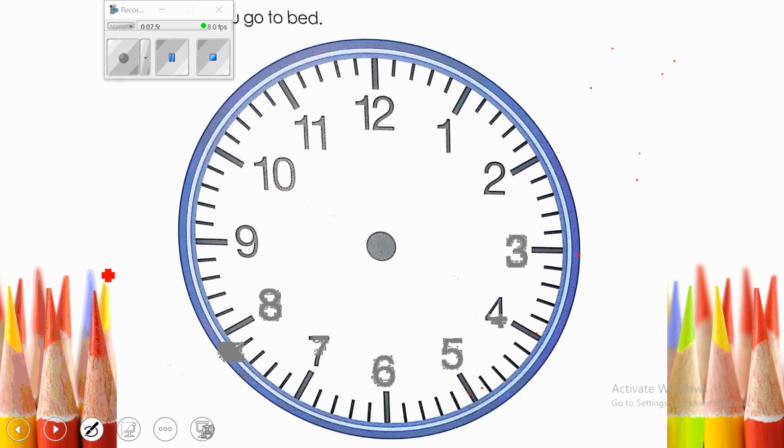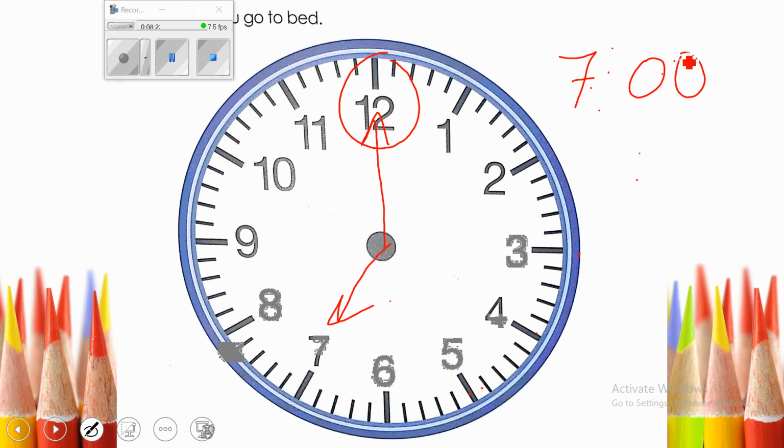Let's see here. The minute hand is on 12 and the hour hand is on 7. What is the time now? I'm reading the hour. Here it is 7. And how many minutes for 12? 0.